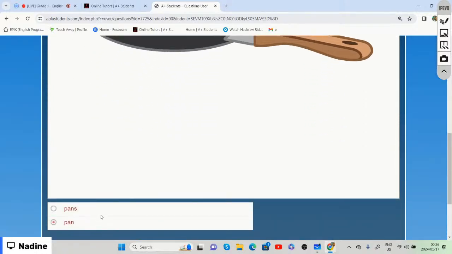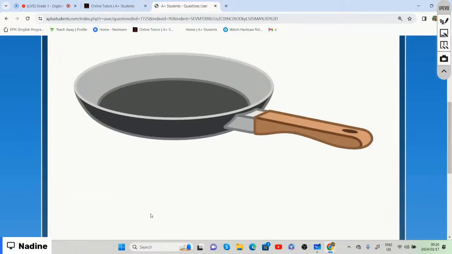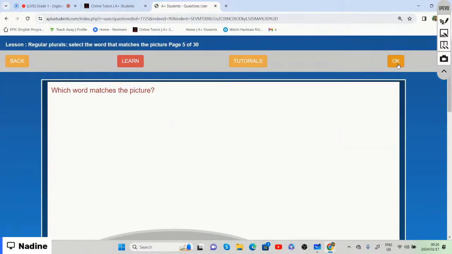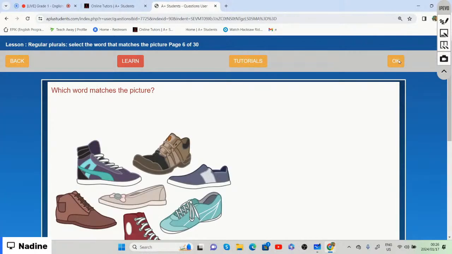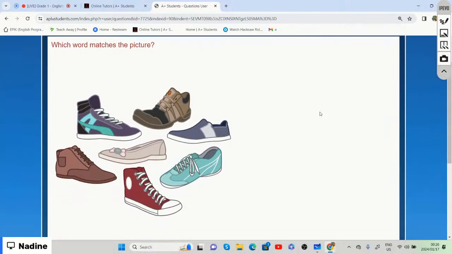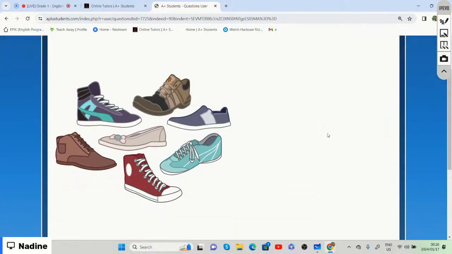Only pan. Nothing with an S, only pan. And we said there's 7 shoes.